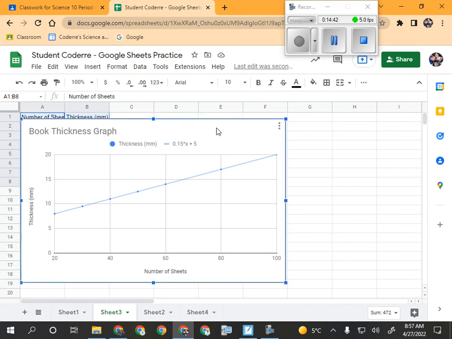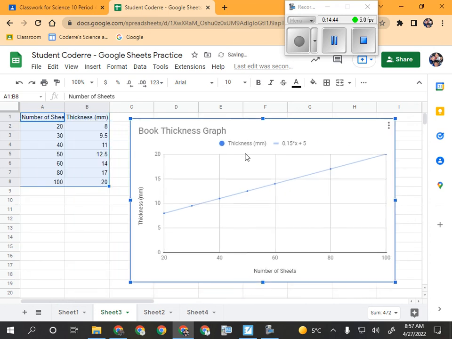The reason we got a graph that looked like this was because of the way we set up the spreadsheet. When you're entering data into Google Sheets, whatever goes in column A is going to default to the x-axis. So whatever you want on the x-axis goes in column A. Everything from there forward will be plotted as points for the y-axis.